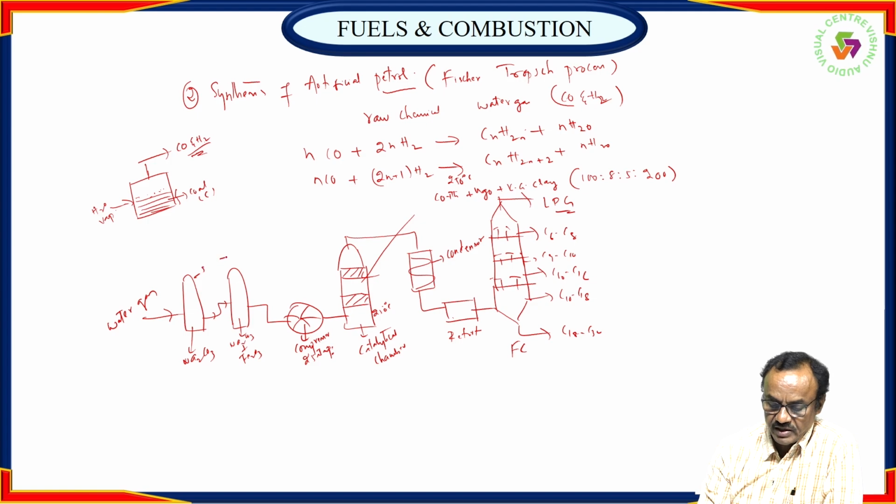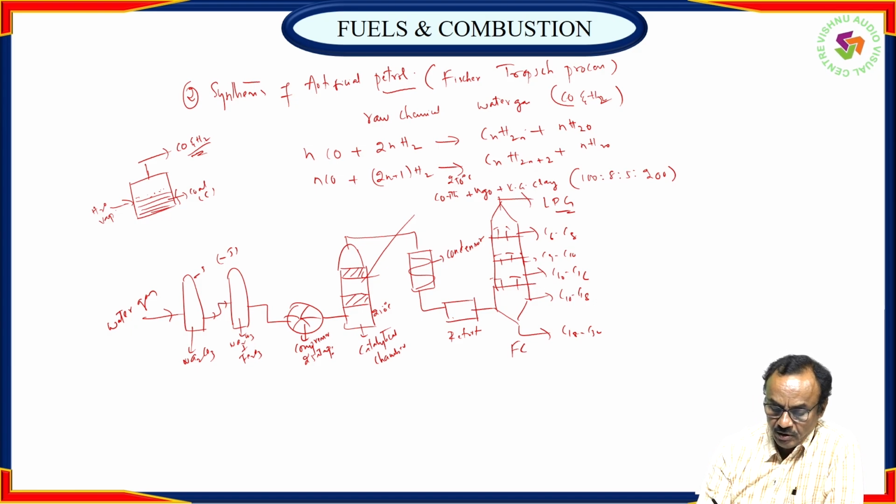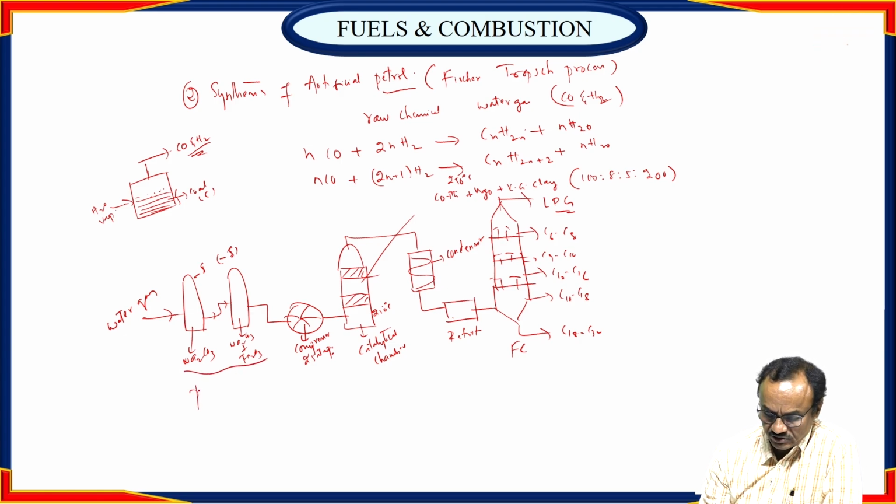Removal of sulfur takes place: you can remove up to 90%, and any remaining up to 10% can be removed in the presence of both sodium carbonate and Fe2O3. These two are called purifiers.